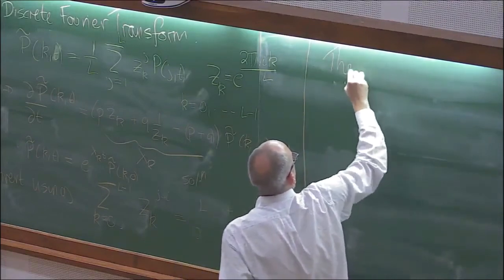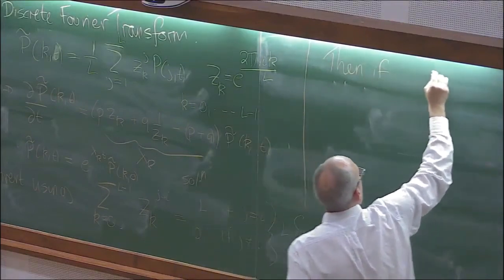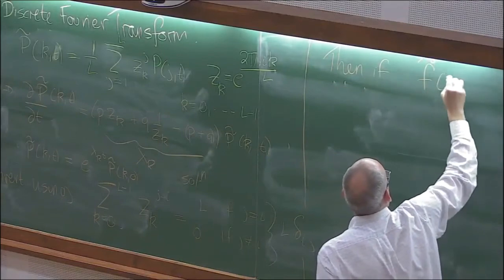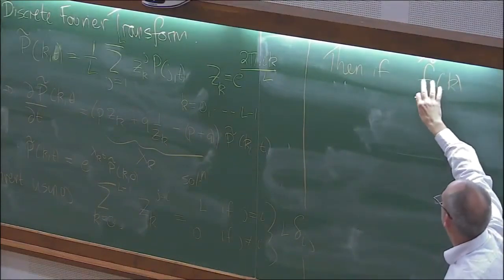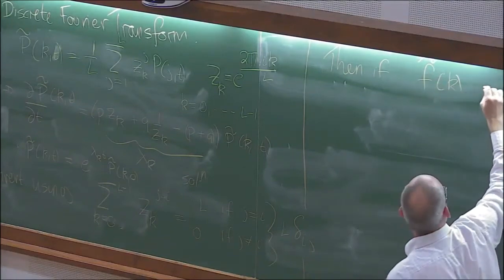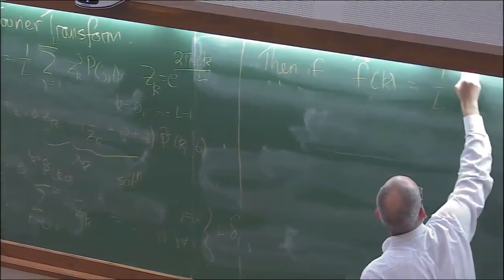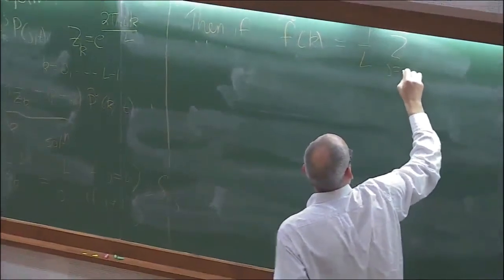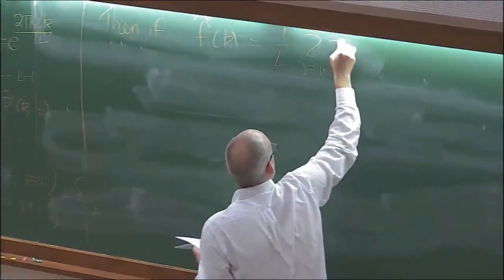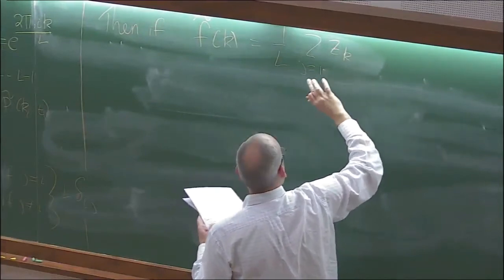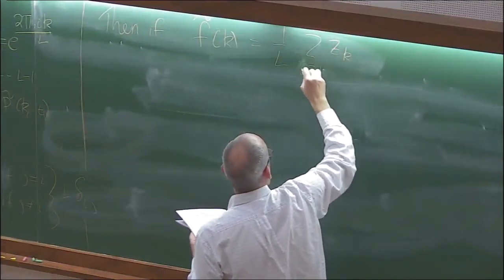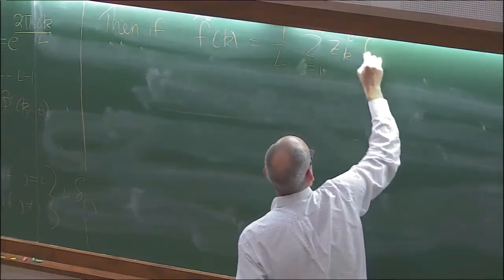So then generally, if I transform something, f of k, this is defined as 1 over L, sum over i equals 1 to L, z_k to the i, f of i.